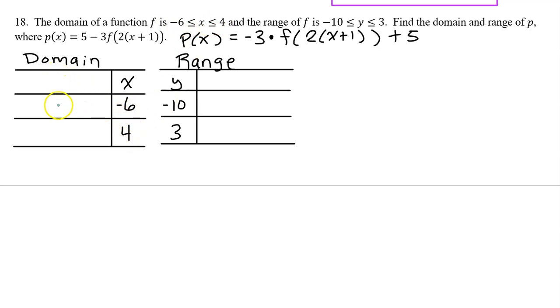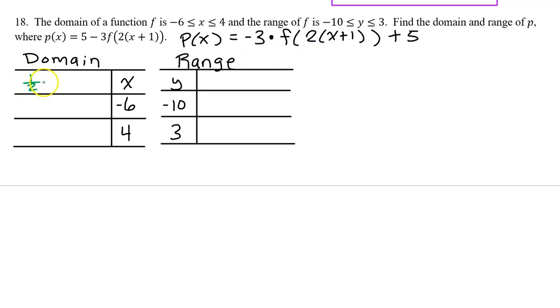To find the new domain, I need to consider the transformations that will affect these x values. Transformations that affect the x values appear as changes on the inside of the function, and I see 2 of them. The 2 right here is going to give us a horizontal dilation by a factor of 1/2.